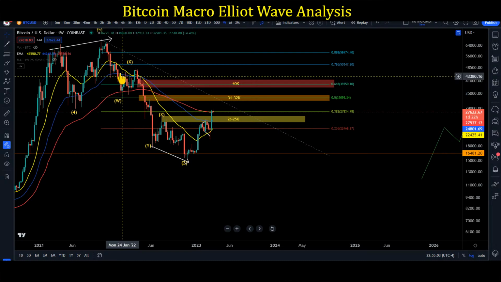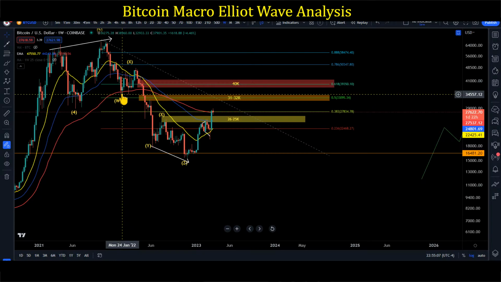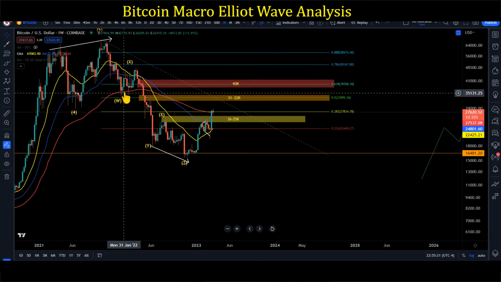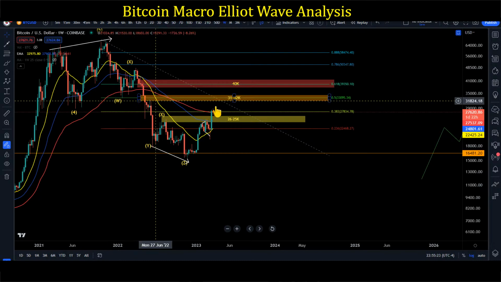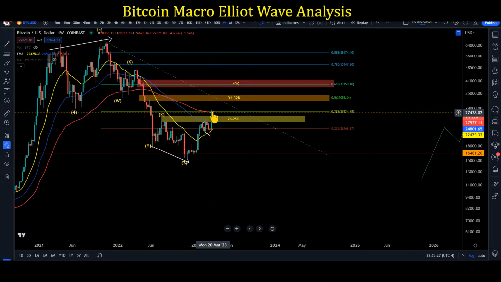If you guys recall, when we shorted around 51, 52, we were looking for the weekly 100 EMA / monthly 21 EMA. Back then the monthly 21 EMA was right around the 34, 35k area. So we knew if we break down below the weekly 21, we're going down straight to the monthly 21. Same thing right here: we break out above the weekly 21, shoot up to the monthly 21.